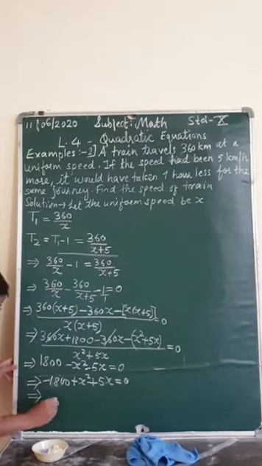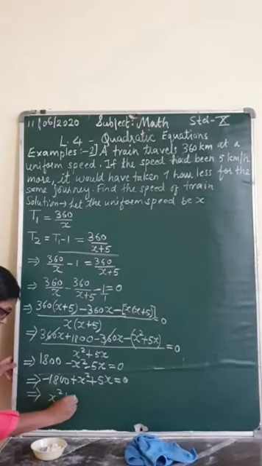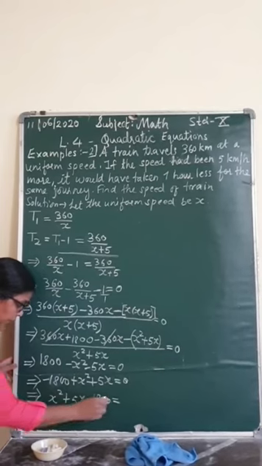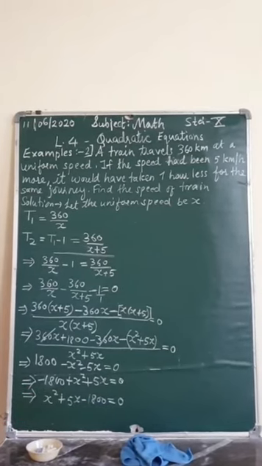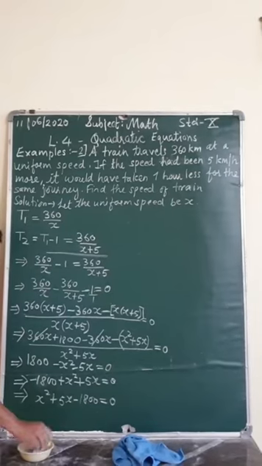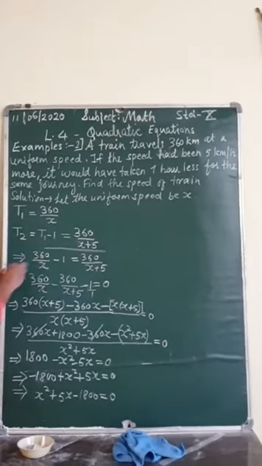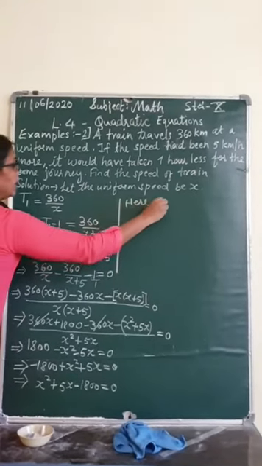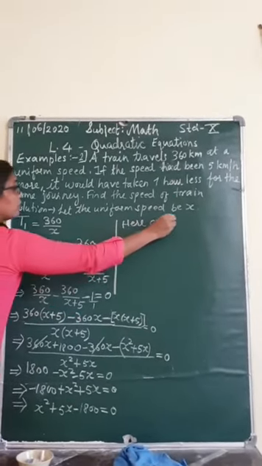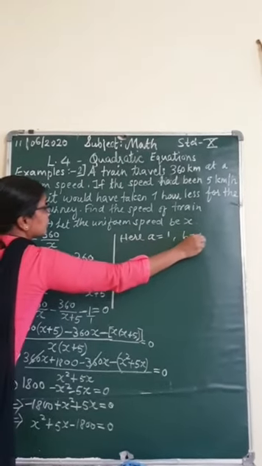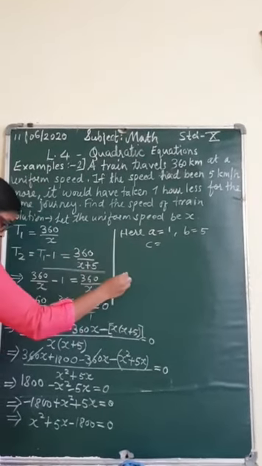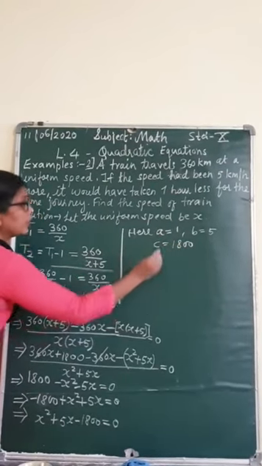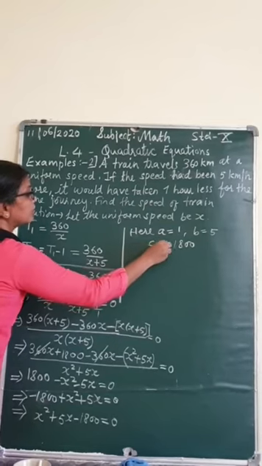So this is how we get the quadratic equation x square plus 5x minus 1800 is equal to 0. Now if you compare this quadratic equation with the standard form, we get a as 1, b as 5 and c as minus 1800.